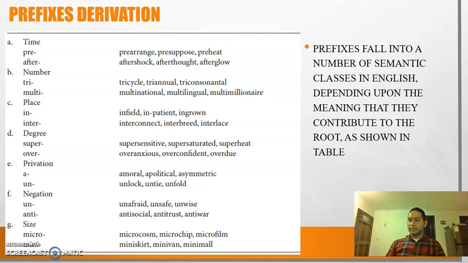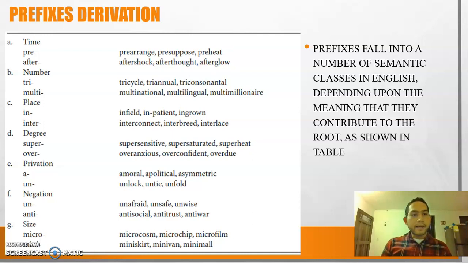Okay, so let's start with the prefixes derivation. Prefixes derivation fall into a number of semantic classes in English. That means that when you add a prefix to a morph, it can have different semantic meanings. As you can see on the chart, you can see the different semantic changes.